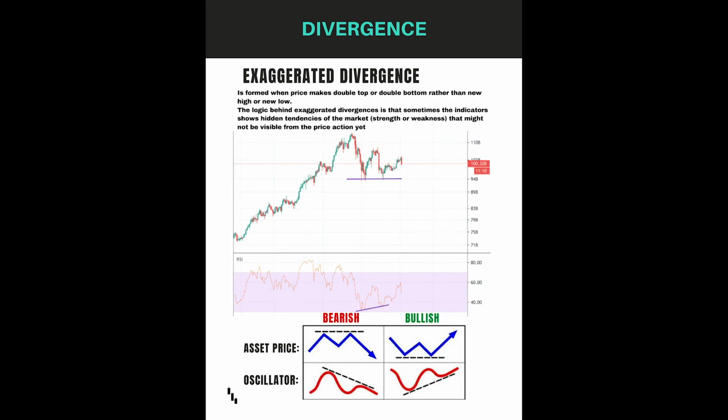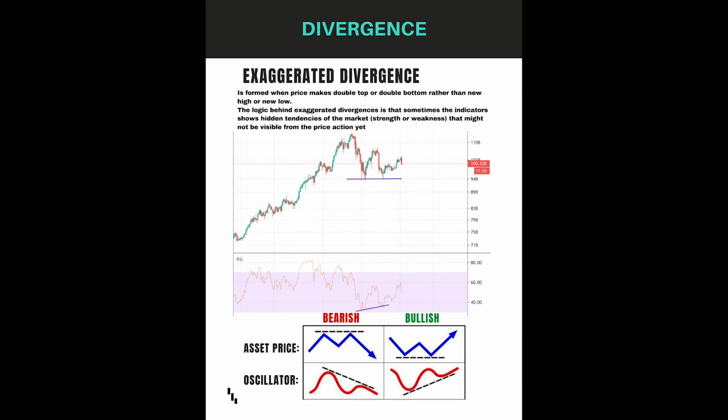Okay. Another form of divergence that we haven't really discussed yet, but it's important for you to know, is exaggerated divergence. Now, it's formed when price makes a double top or a double bottom rather than a new high or low. The logic behind exaggerated divergences is that sometimes the indicators show hidden tendencies of the market, whether strength or weakness, that might not be visible in the price action just yet.